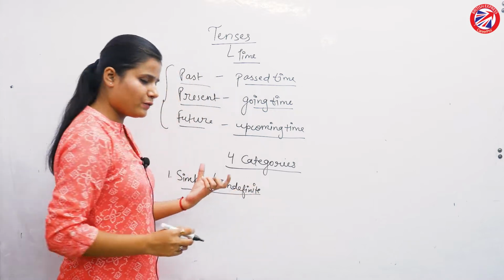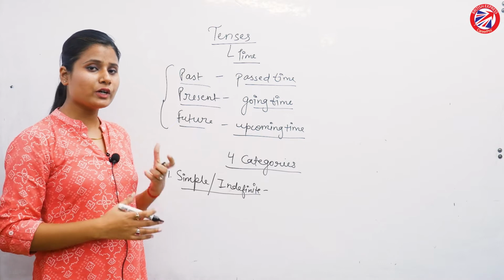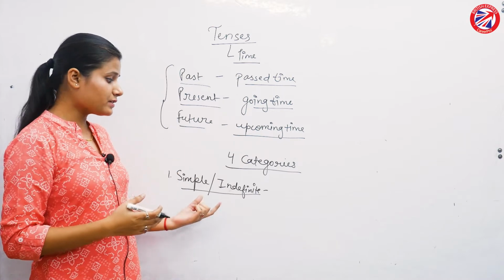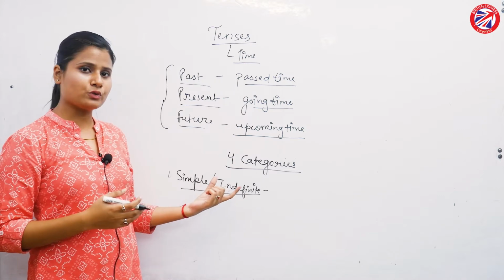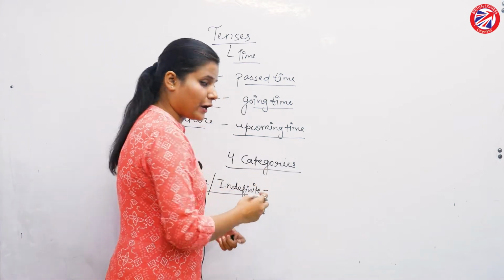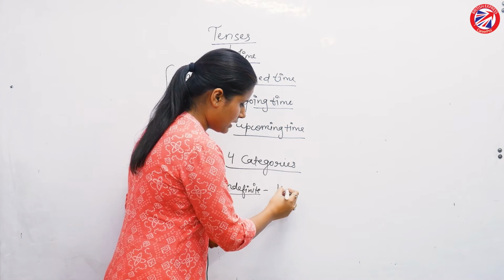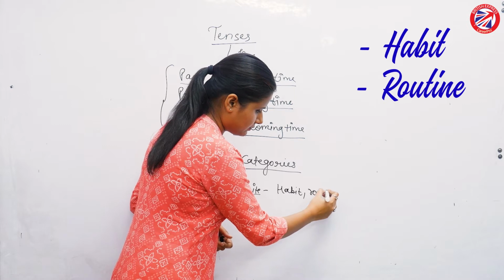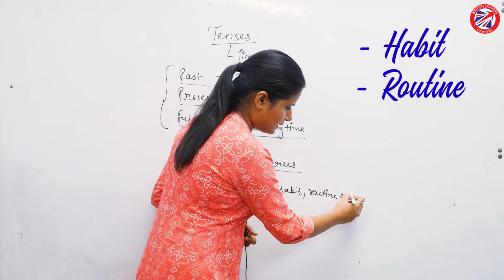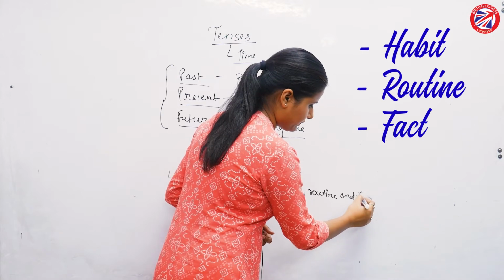So first, if we talk about the simple category, what does it show and how are we going to identify that this is the simple or indefinite category? It's simple to know: if the sentence shows habit, routine and fact.